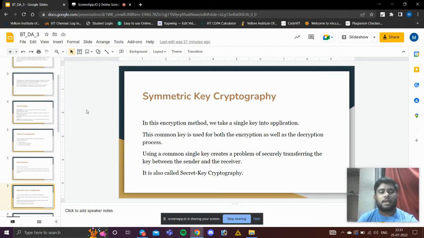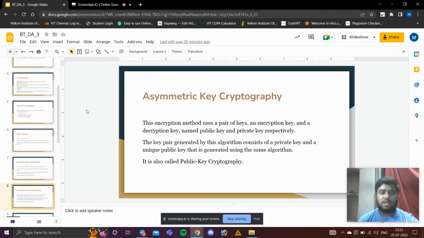So that one key will be used for both processes, encryption and decryption. Using a single common key creates the problem of securely transferring it between the sender and receiver. This process is called secret key cryptography.